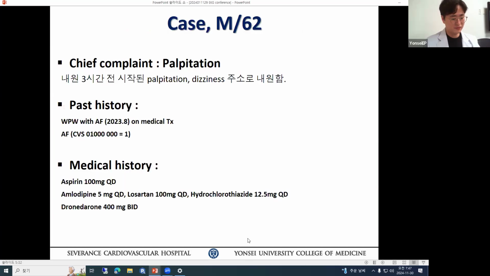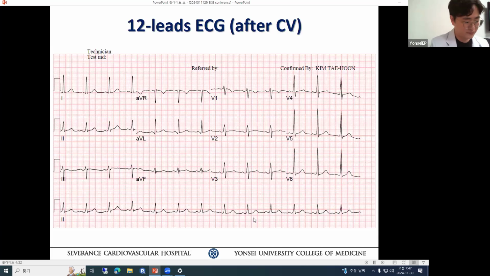So lead I is negative, so it's a left side pathway, right? Medium pre-excitation, and lead III is slightly positive, but very small. It's most likely not purely left, probably a posterolateral pathway, posterior pathway. Yeah, this is the commonest mistake.